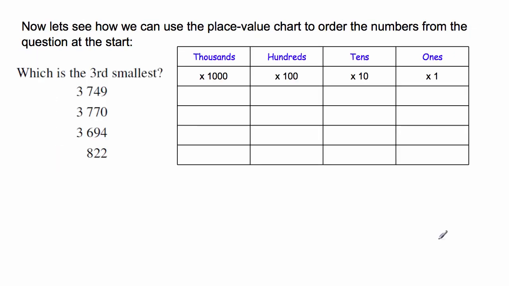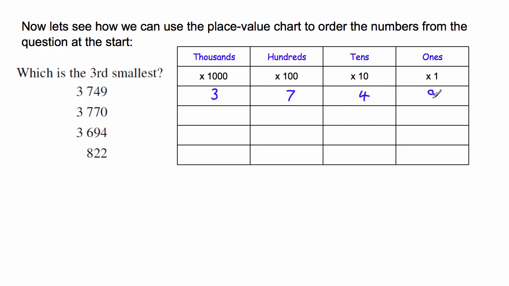So how do we place these numbers in order? Let's see how we can use this place value chart to order the numbers. This was the question at the front of this lesson, so let's use that particular question. The first number, 3,749, we place the 3 here.